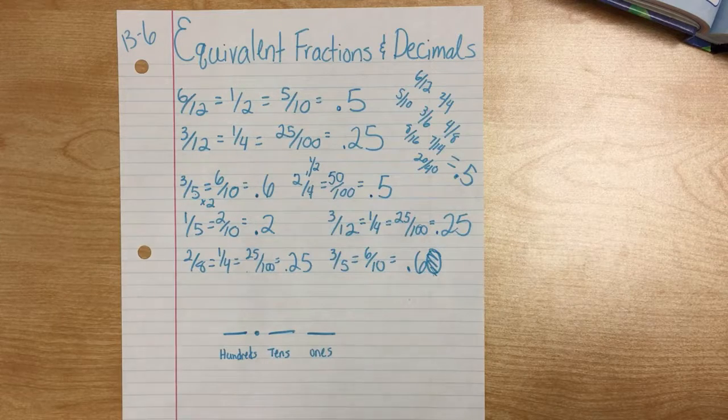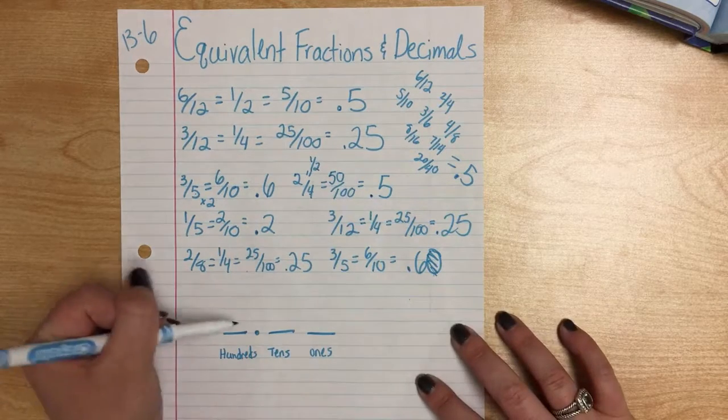Because, think about pennies. How many pennies can you have before they change their value, before you stop calling them pennies? 100 pennies. You then have a dollar. So we're never going to have to worry about changing a denominator to anything other than 10 or 100. That's all we have to worry about.